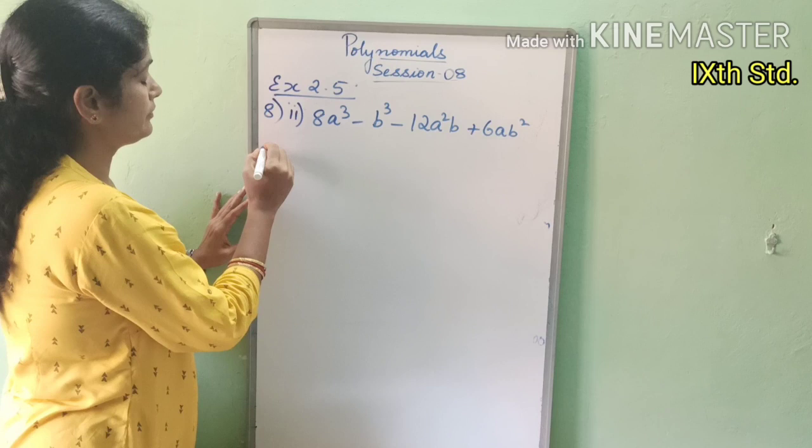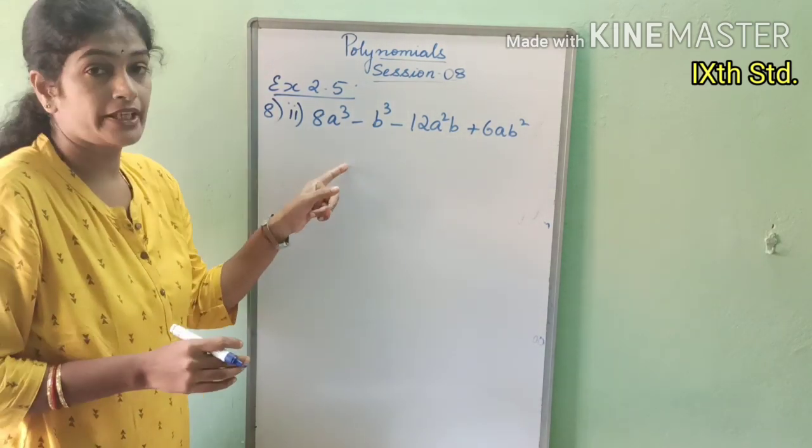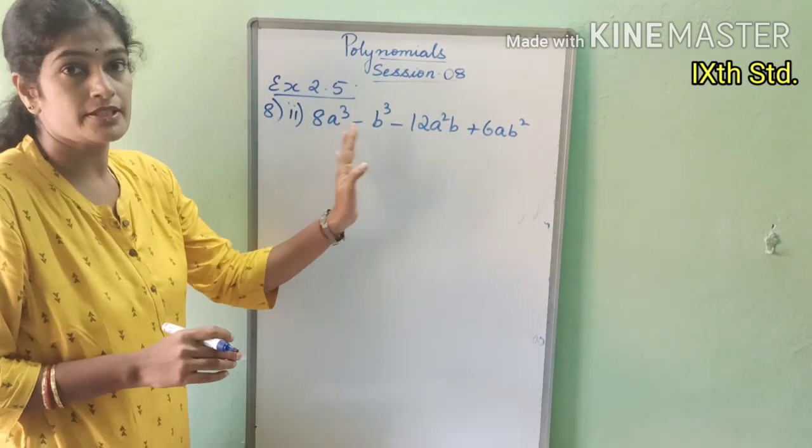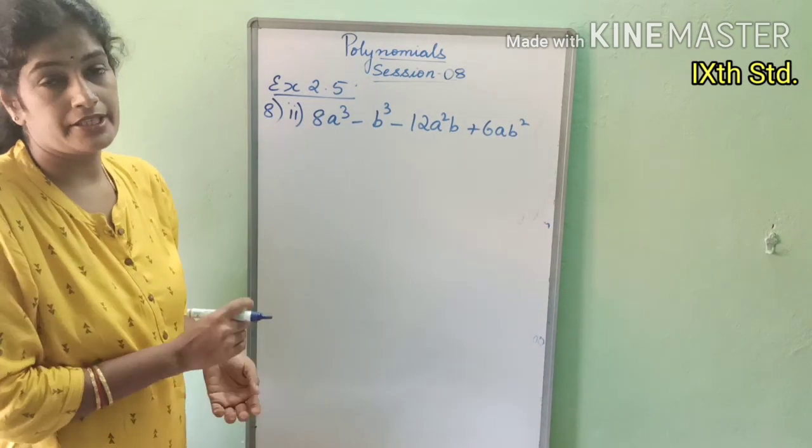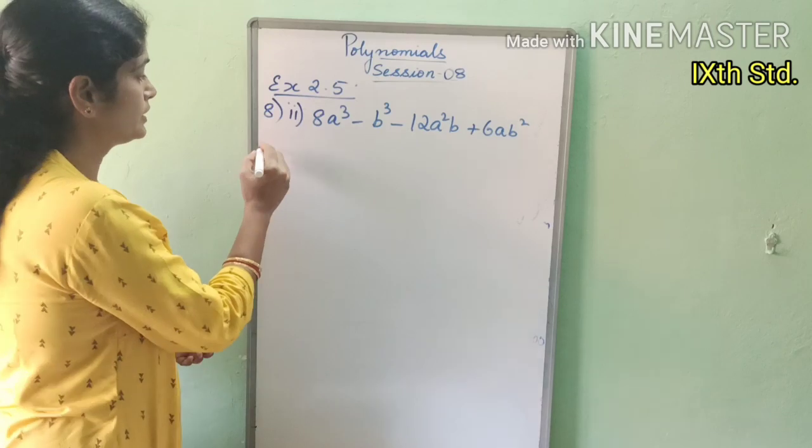Right. Then again, in this expression, it is not positive throughout, some negative signs are also there. So we are bound to use another identity, x minus y whole cube. Let's use that.